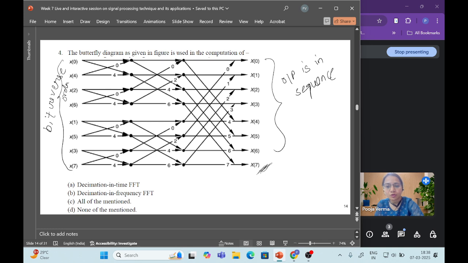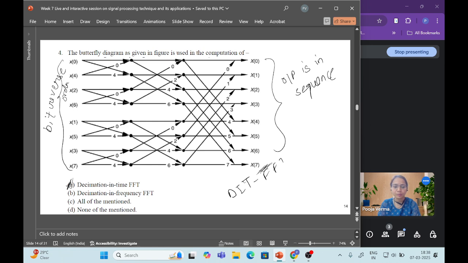So it follows the DIT FFT, decimation in time FFT, because in DIT we are giving the input in bit reverse order and output is in order. So option A is the correct answer. So for that you just need to see the butterfly diagram, input and output. Okay, how they are managing. So option A is the correct answer for this question.